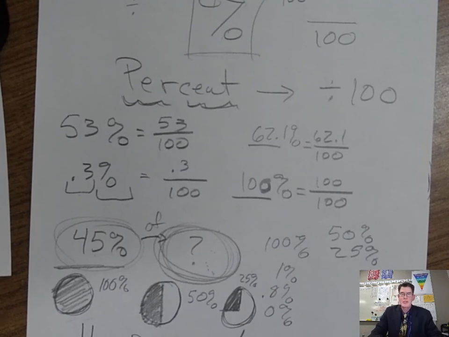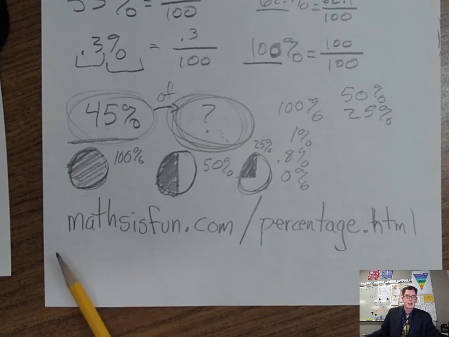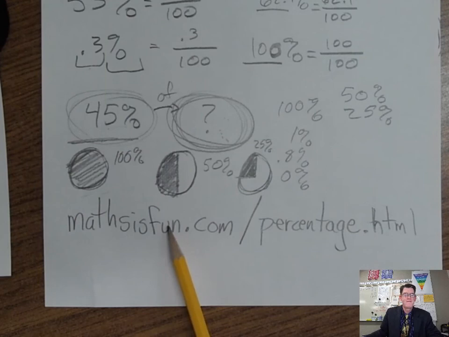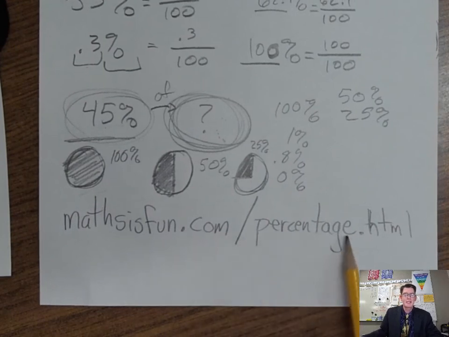But today's lesson really is just a matter of talking about the word percent, understanding what percent is, and then doing a little activity with percent. And this is the activity. You'll type in this website, mathsisfun.com/percentage.html.